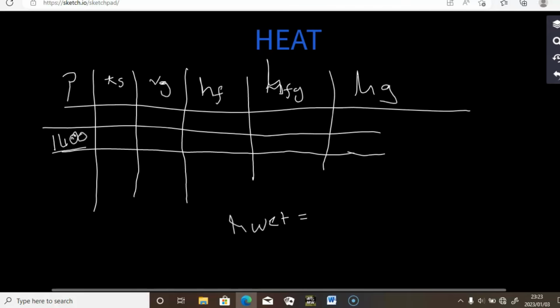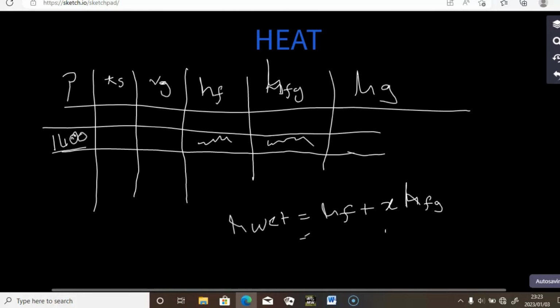We know it is given by hf plus x hfg. So we are going to go to the steam table, look for that pressure, and extract the value of hf, which will be here, and the value of hfg, which will be here.